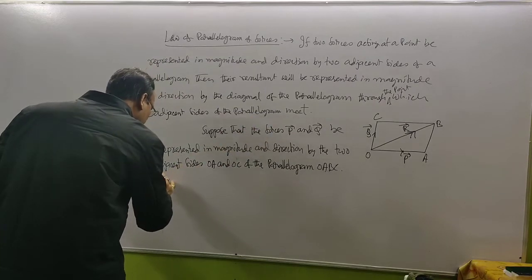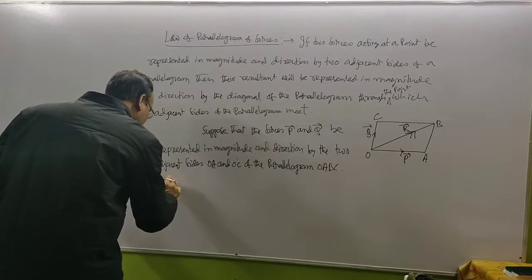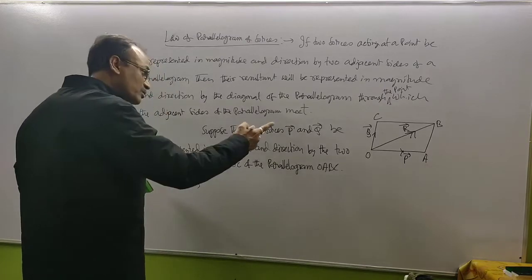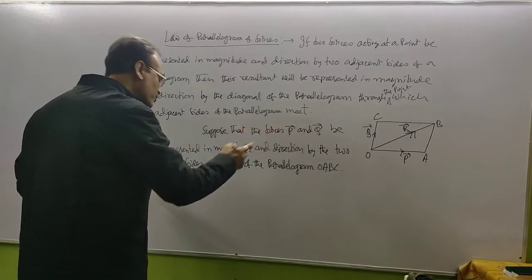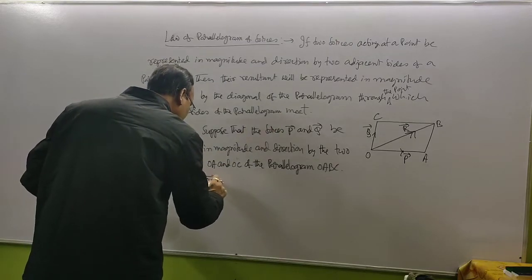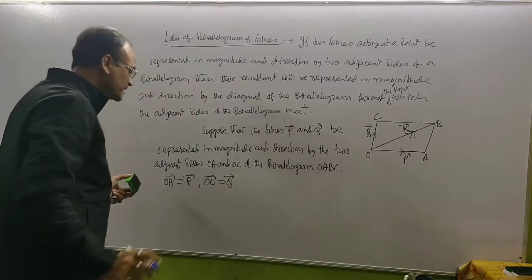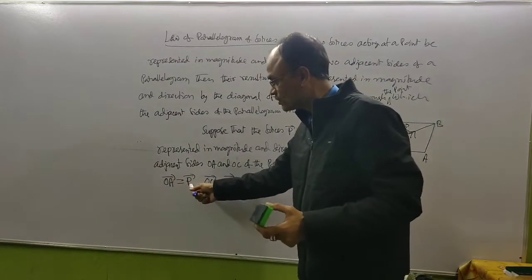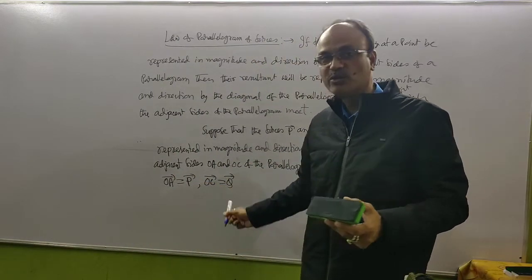This means we have OA equal to P vector. Force is a vector quantity. Therefore, you should write the vector sign here. OA vector is equal to P vector, OC vector is equal to Q vector.